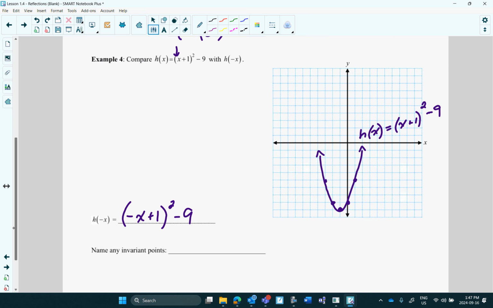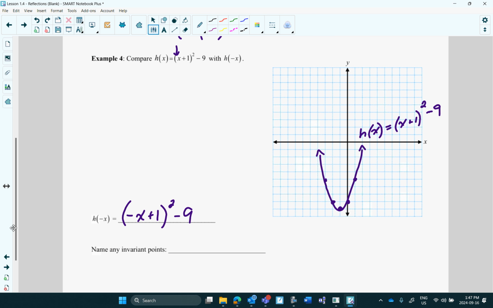What would the graph look like? I'm going to graph it in red. Well, just look at the graph. We've got 5 reference points on the original. Flip them horizontally. So this one goes over here. This one goes over here. This one goes over here. This one doesn't go anywhere.